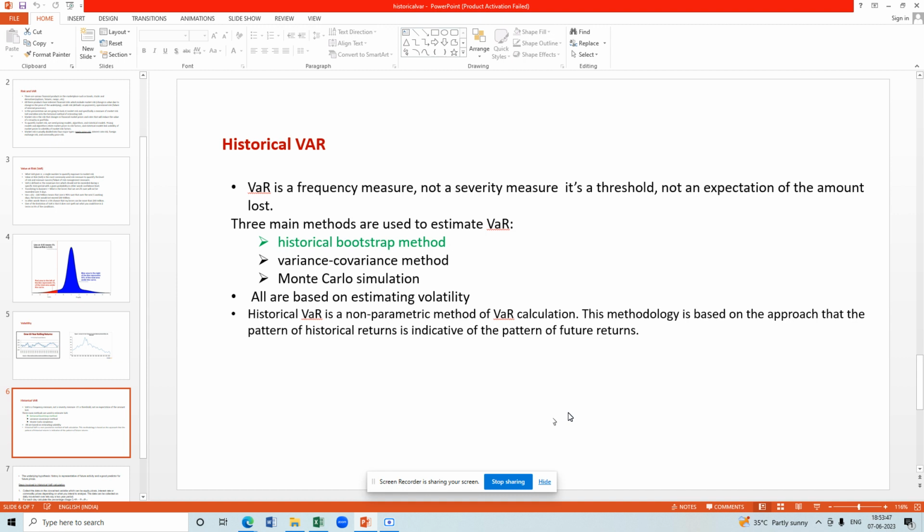I will be covering the variance covariance method and Monte Carlo simulation in subsequent presentations, which will be released shortly. And all of these models are based on estimating volatility. And historical VaR, from an academic standpoint, is a non-parametric method of VaR calculation. Most important, the underlying hypothesis is that the pattern of historical returns is indicative of future returns.